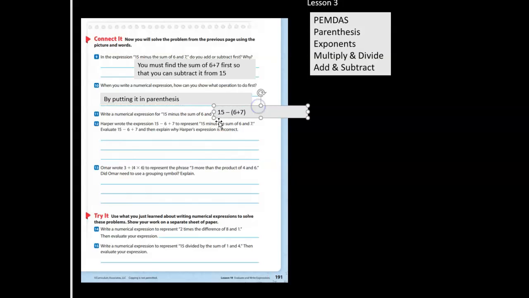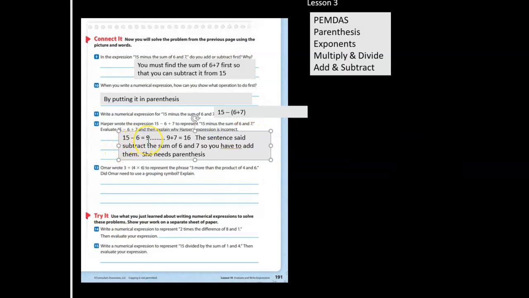Right there you go. 15 minus, and this says sum of 6 and 7. Now, number 12, Harper wrote the expression 15 minus 6 plus 7 to represent 15 minus the sum of 6 and 7. Evaluate 15 minus 6 plus 7, and then explain why Harper's expression is incorrect.